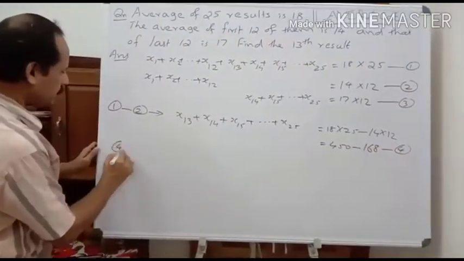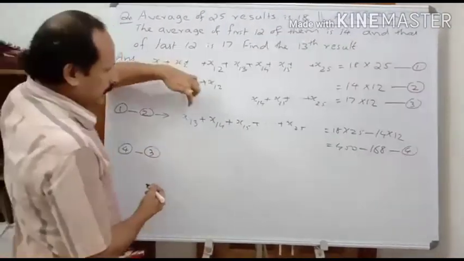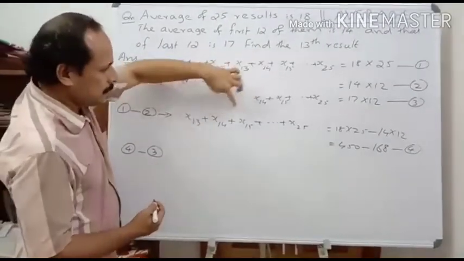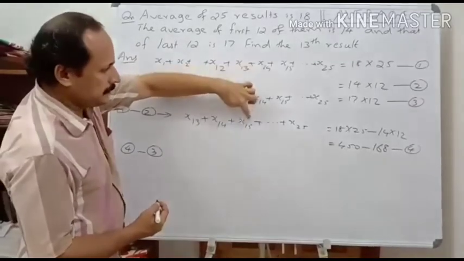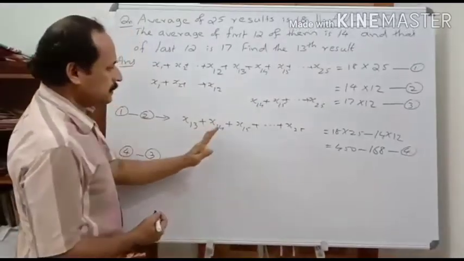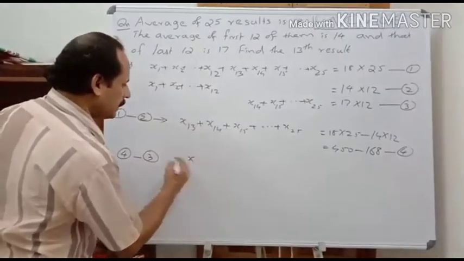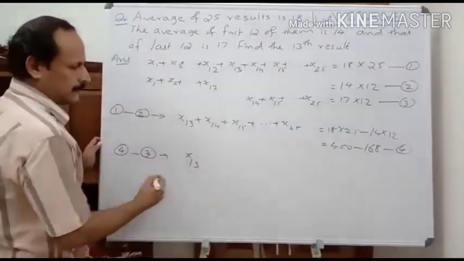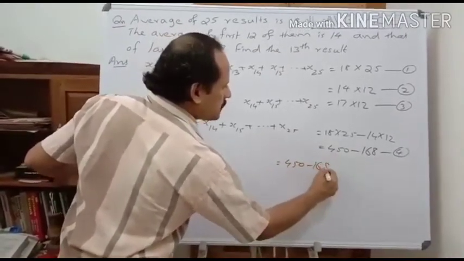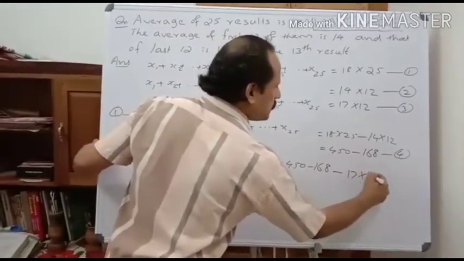From 4, you subtract equation 3. So x14 minus x14, x15 minus x15, up to x25 minus x25. All these terms get cancelled and remains only x13, and that is equal to 450 minus 168 minus 17 into 12.